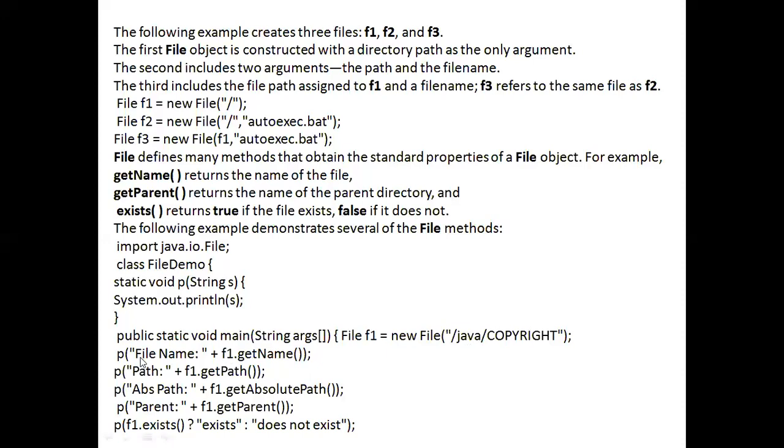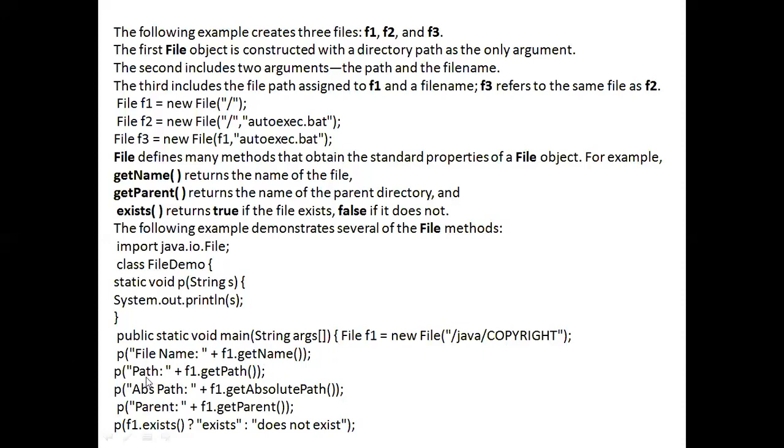Inside the main method we have declared the file name as f1.getName. By using this getName method we can get the present file name. What is that file name? Copyright. Copyright is the first output, the output for the first statement.